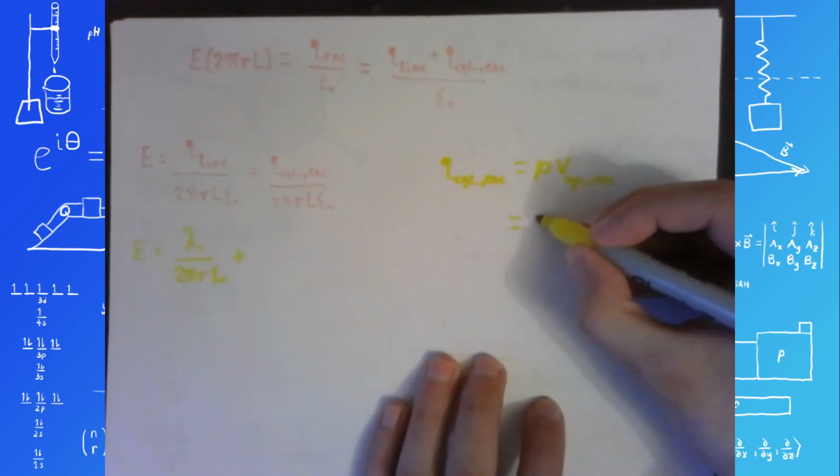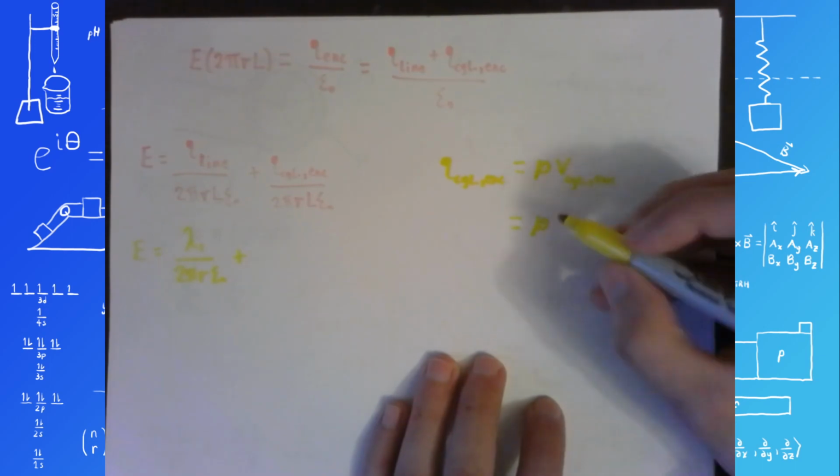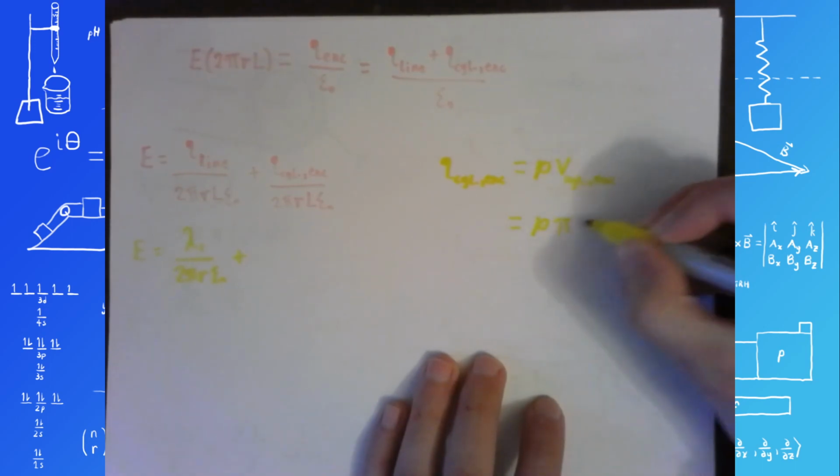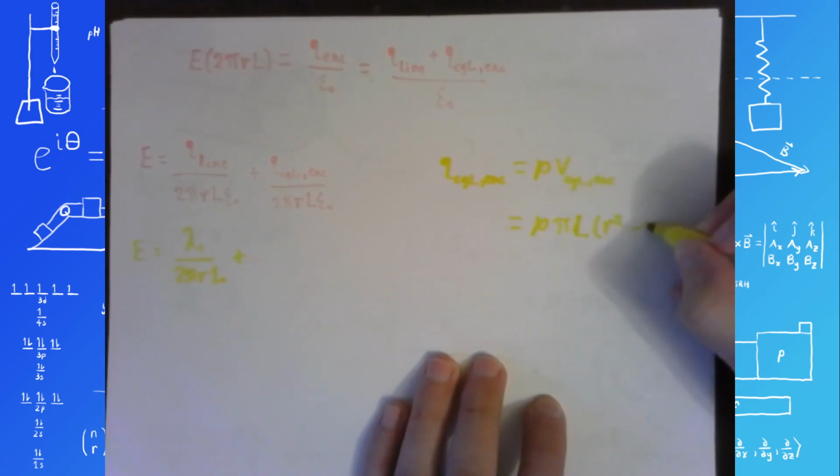So equals rho times, I can factor out the pi. Pi r squared L minus pi a squared L. Yeah, I can factor out the pi and the L for that matter, and I'll be left with r squared minus a squared.